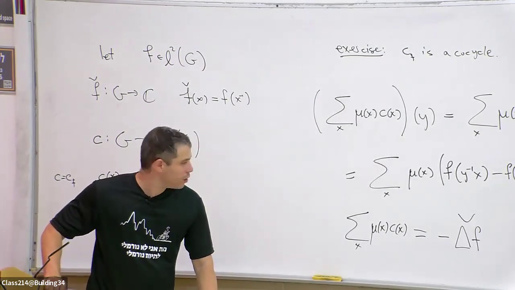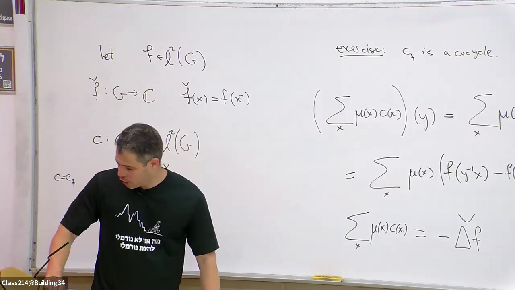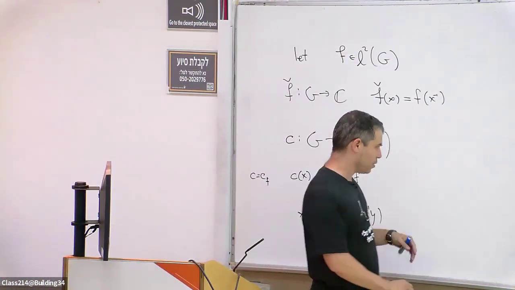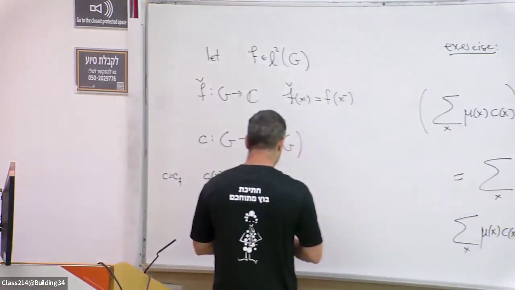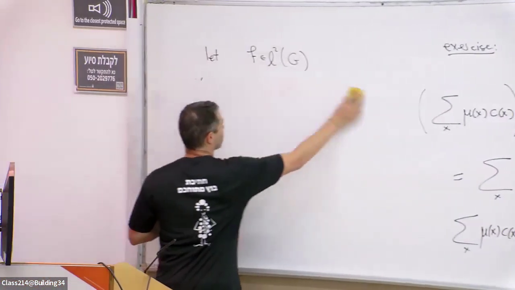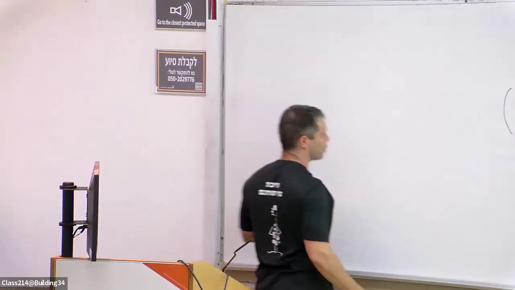But we'll see. So the goal now: what do we want to do? We want to find functions with that property. Can you remind me where we're standing?